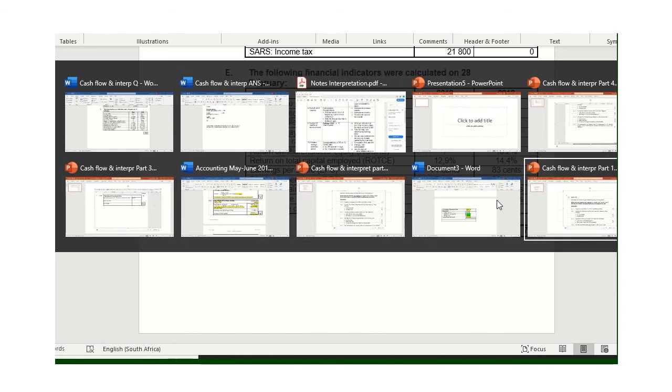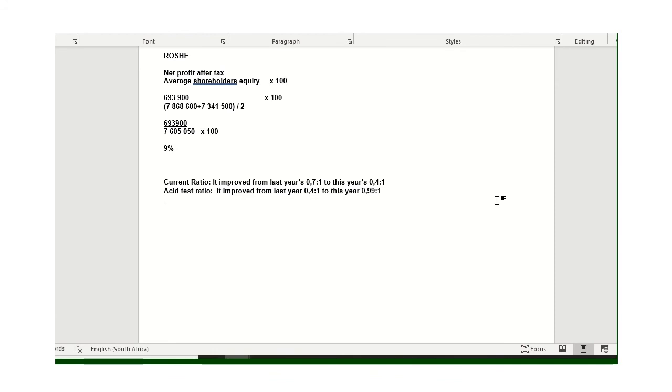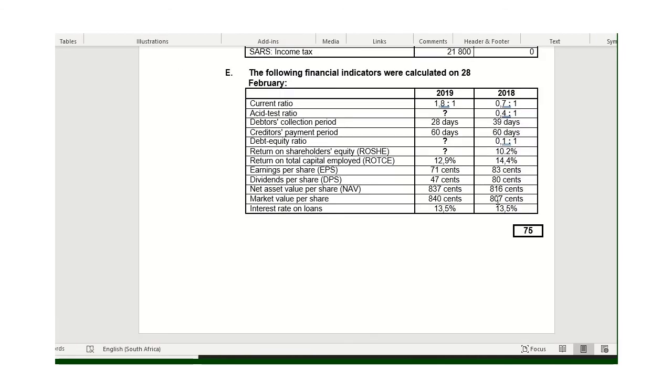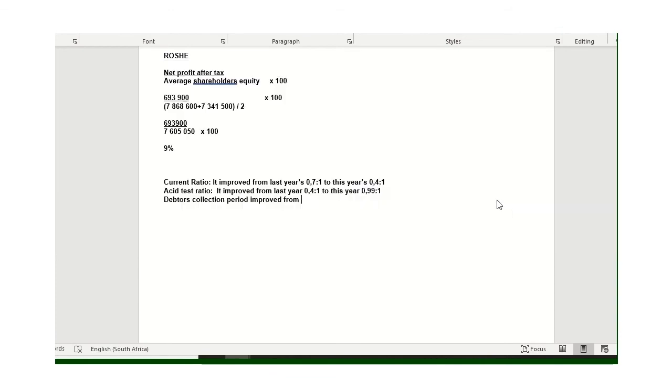So we can put that one in as well. So it's the debtors collection period improved from 39 days to 28 days.